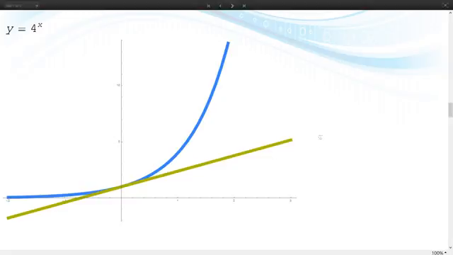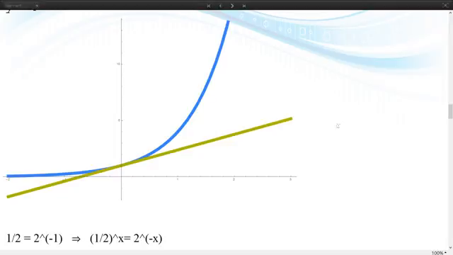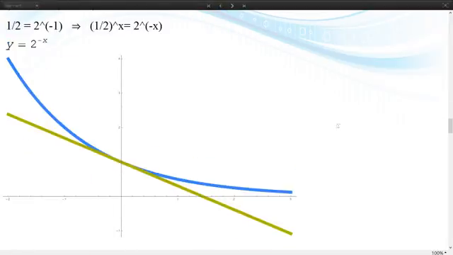In general, we can take any positive number, rational or irrational, and make it the base of an exponential function. For single variable calculus, for real valued calculus, we don't look at non-positive bases. All of our bases are positive numbers. We can take fractional bases like a half. Notice that 1/2 is equal to 2 to the negative 1, so that means that 1/2 to the x is equal to 2 to the negative x.